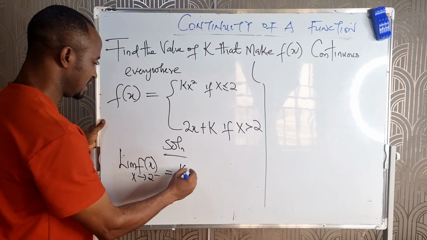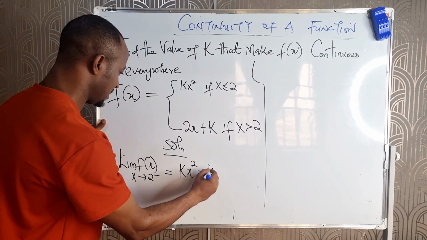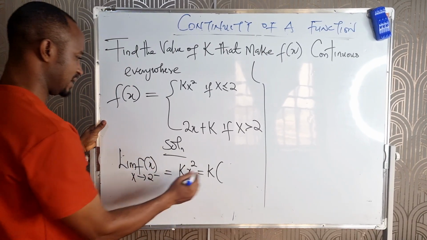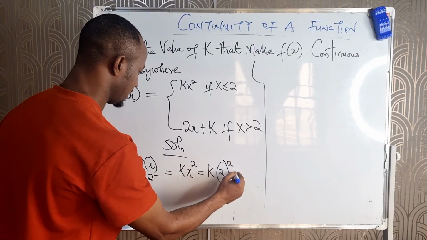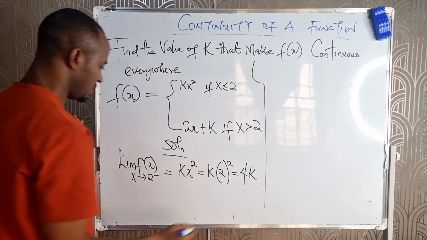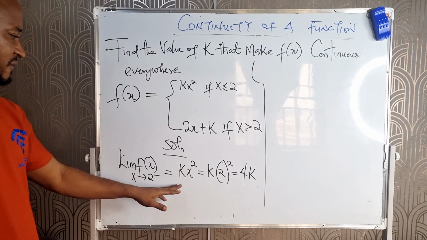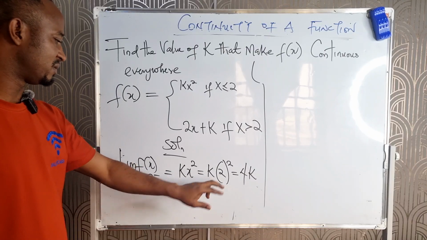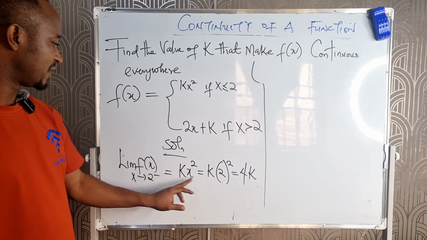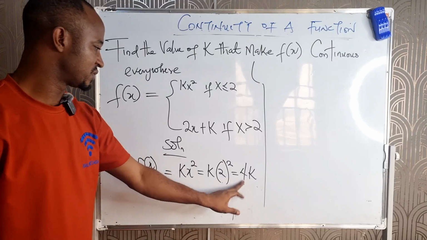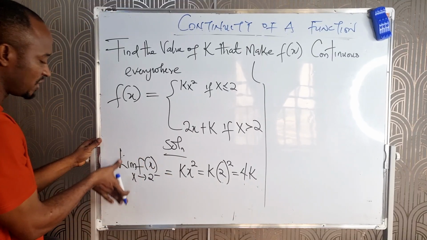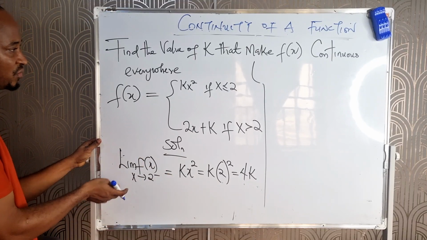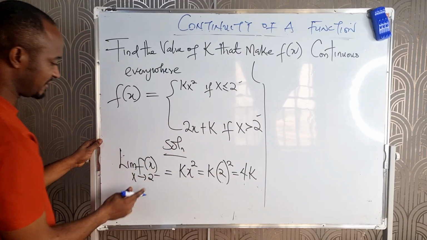So that means k x squared. To find the limit of f of x, we have to substitute the value of x as 2, and that gives us k times 2 squared, which is equal to 4k. So this is the limit of f of x as x approaches 2 on the left hand side.